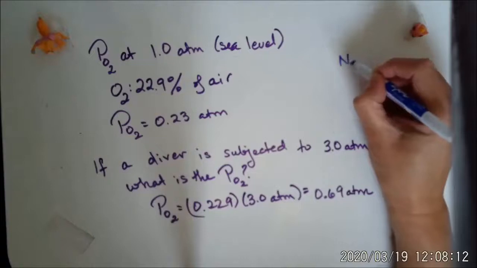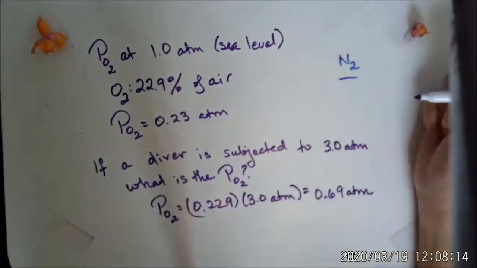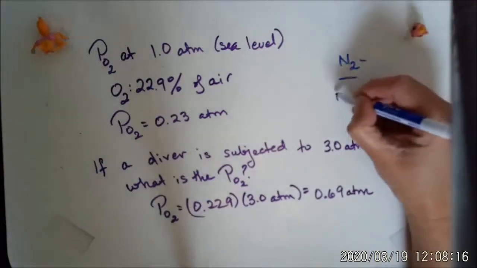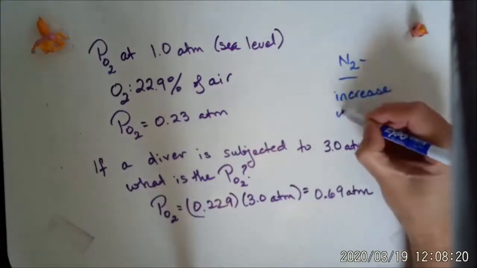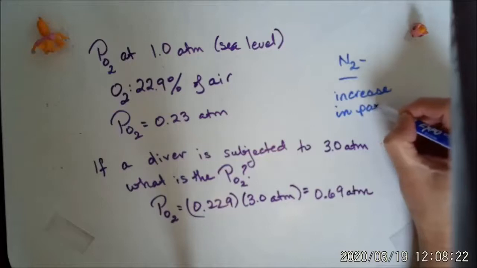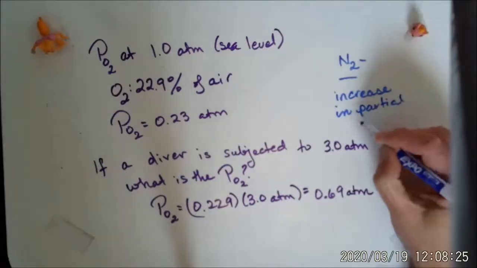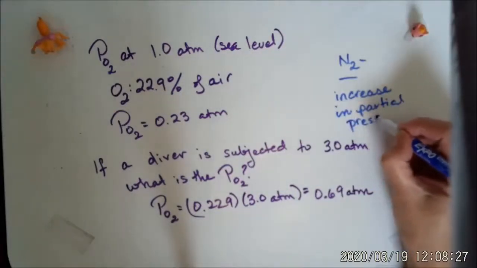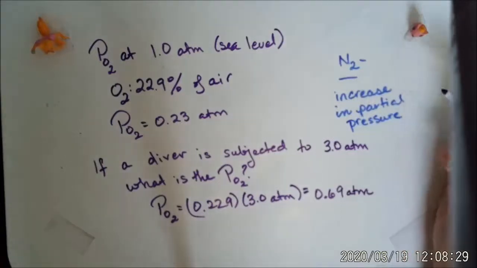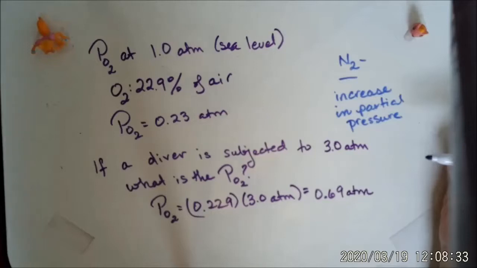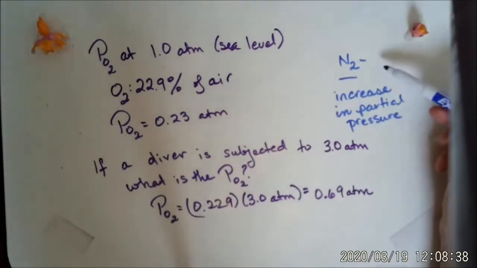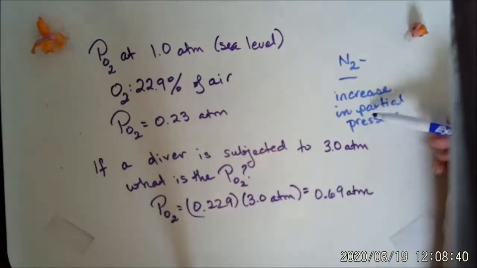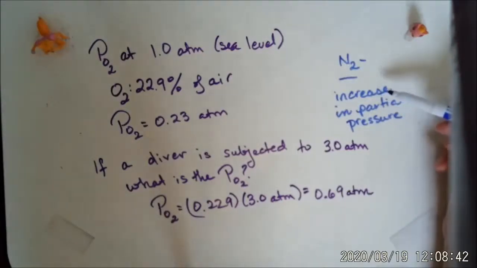because of the increase in pressure, there's an increase in partial pressure here as well. What that means is that the nitrogen gas tends to dissolve in your bloodstream at higher pressures, and that's what we hear about when we talk about the bends. When a diver goes under high pressure, the nitrogen dissolves in the bloodstream because of the increase in partial pressure.